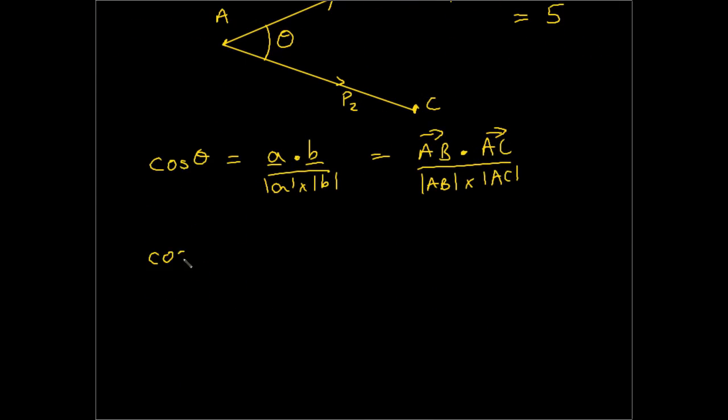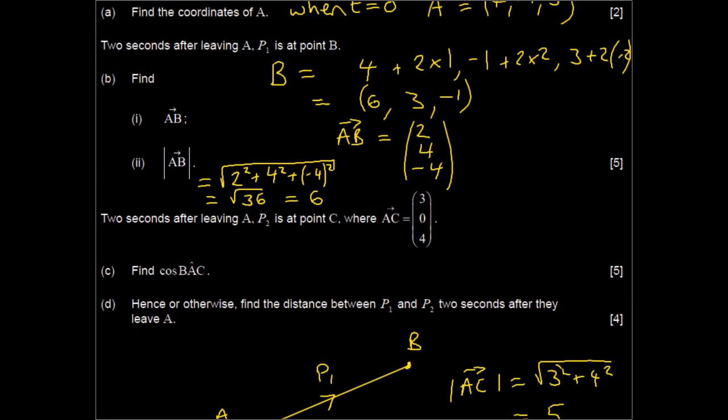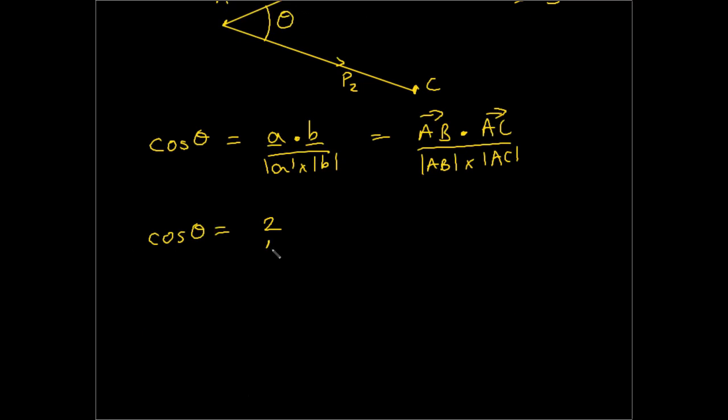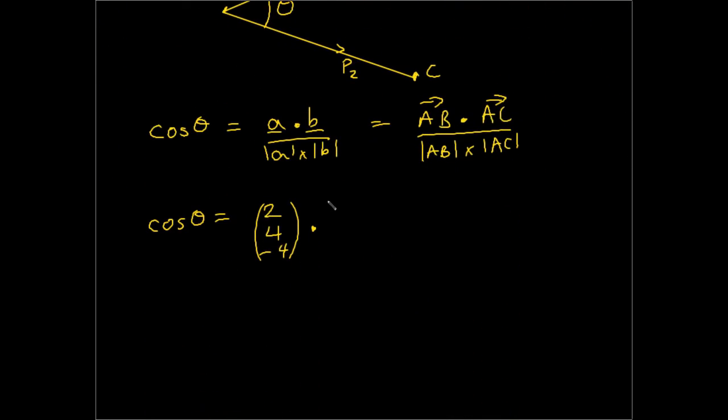So cos of theta is going to equal, first of all we need AB. AB is 2, 4, negative 4. That's going to dot with AC, which is 3, 0, 4. And then we're going to divide that by the modulus of AB, which was 6, and then multiply by the modulus of AC, which was 5.